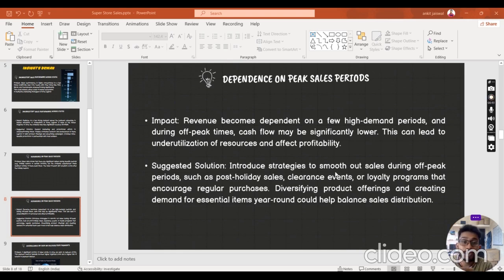So we can introduce some products which could be used throughout the year, and this could help us maintain our revenue throughout the year. Maybe a high time and a peak time will come, a low time will come, but we will be moving towards profitability the whole year. So this could be the solution.